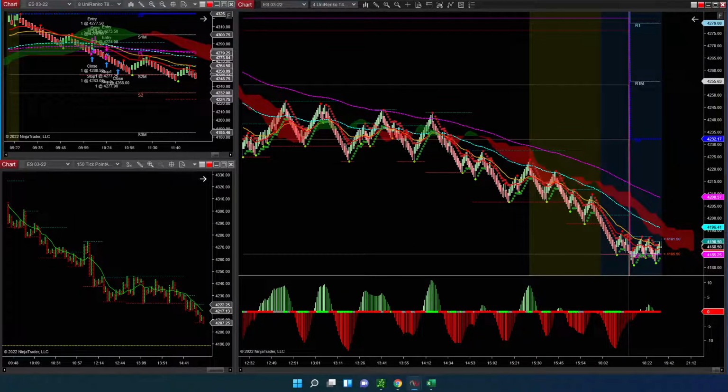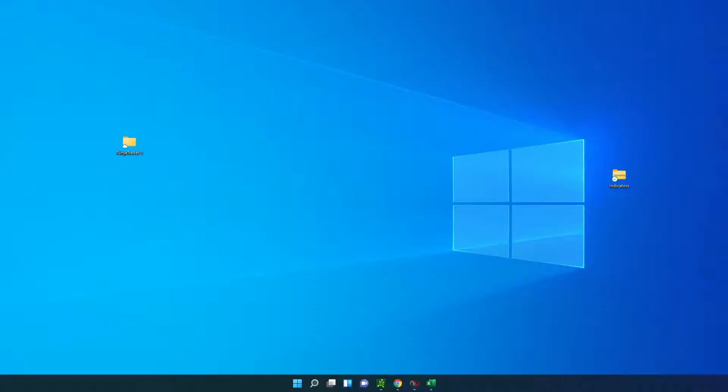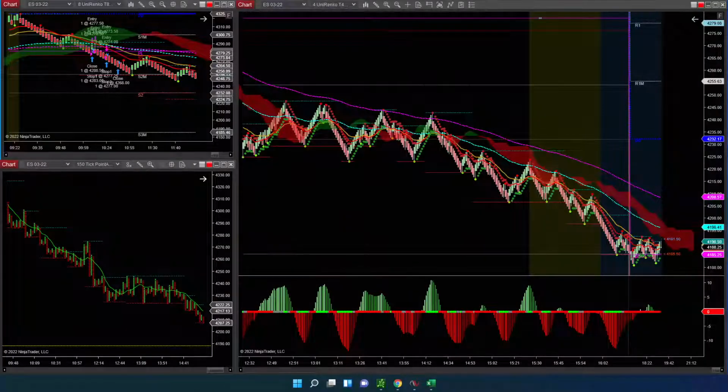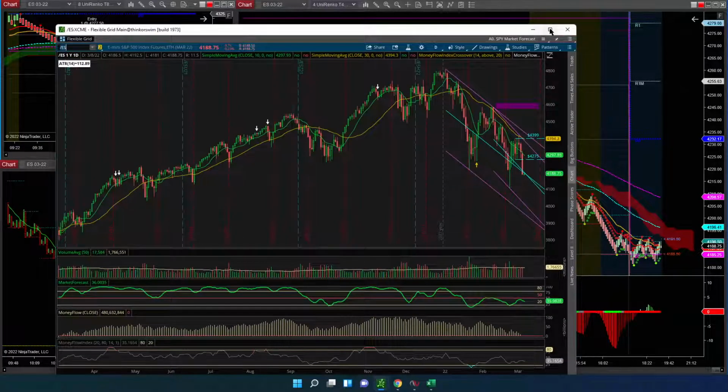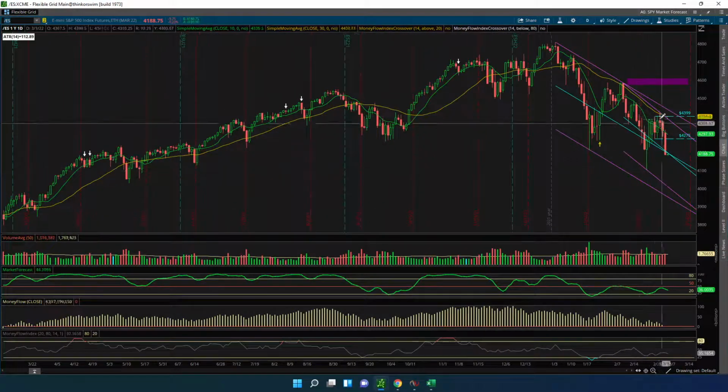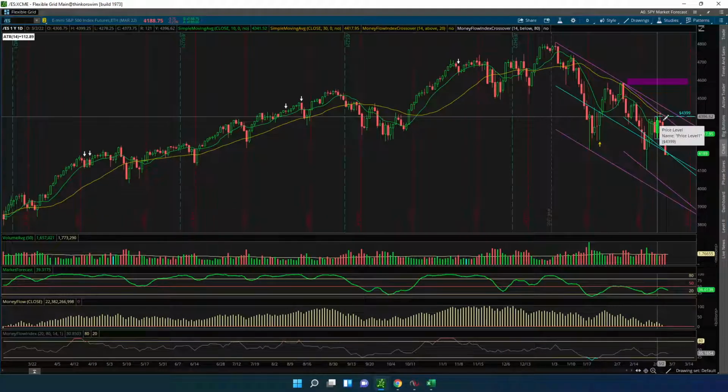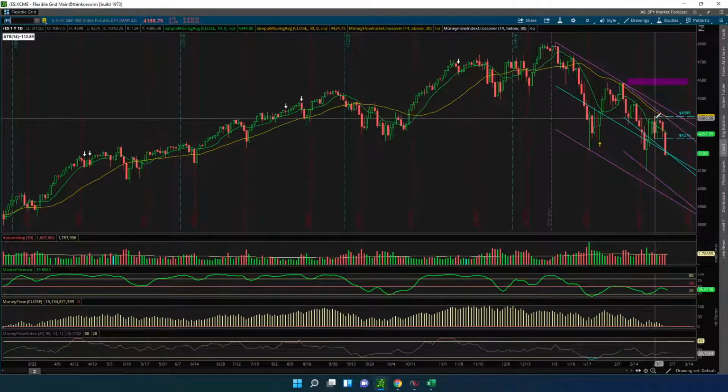So let's see. Let me show you this chart here for ES. Give me 1 second. Yes, so let me show you this chart here in Thinkorswim. This is the first day of the month range.